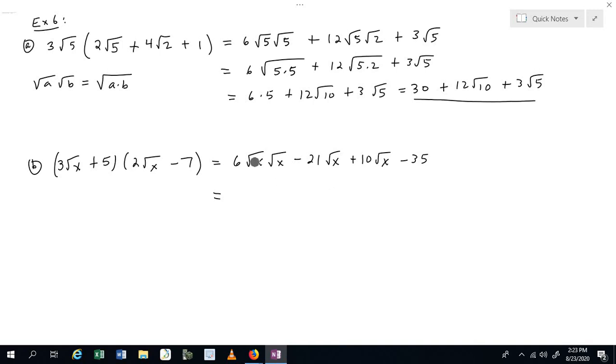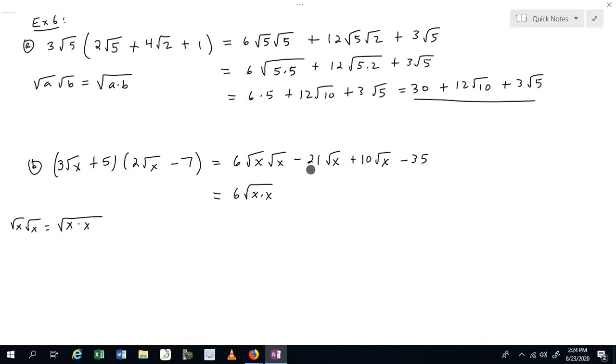Okay, and so let's just clean this up a little bit. Again, you can multiply the x's together first, and then take the square root of that, using this property here. The square root of x times the square root of x is the same as the square root of x times x. So this would be 6x, or 6 times the square root of x times the square root of x. Then these are like terms, right?